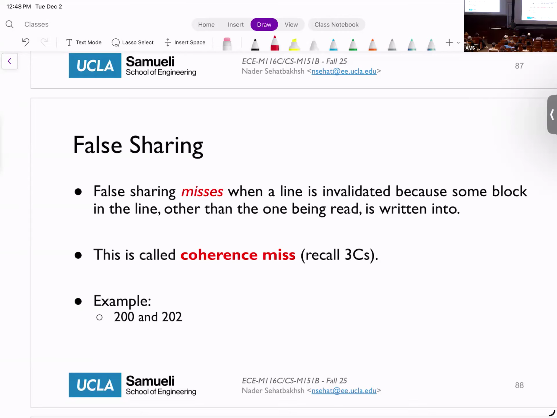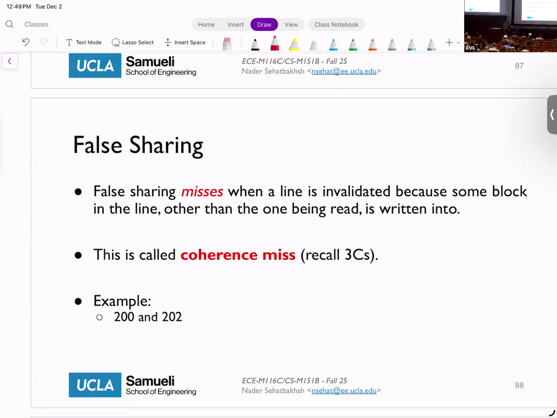No, here I mean an address. Like address 1, address 2, address 3, address 4. That's what I mean by a cache line. So what will happen, as I said, is that, for example, you need to invalidate address 200. But since this is a block, you also invalidate 201 and 202 and maybe more, depending on the size of the cache block.